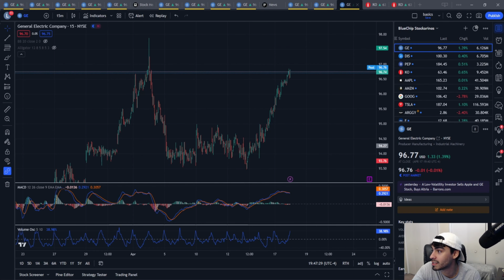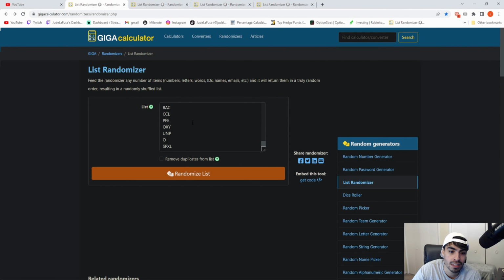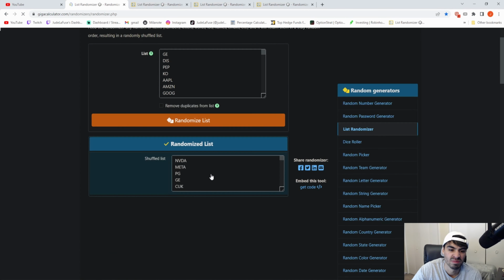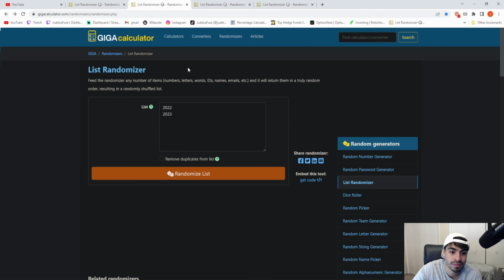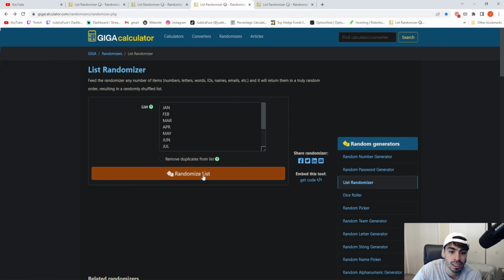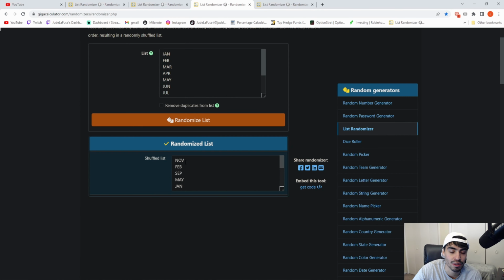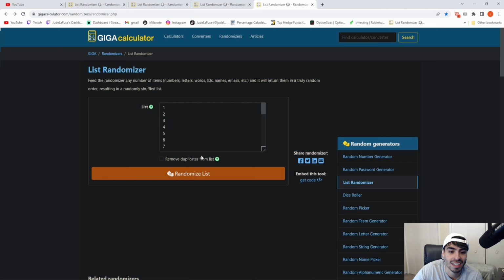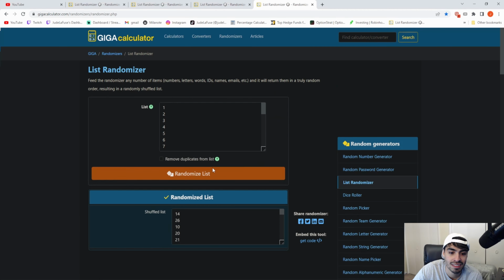So let's do this. I set this up. This has my list. Okay, NVIDIA, 2023. I just realized we can't do November 2023. Okay, we're doing 2022, and then the 14th.